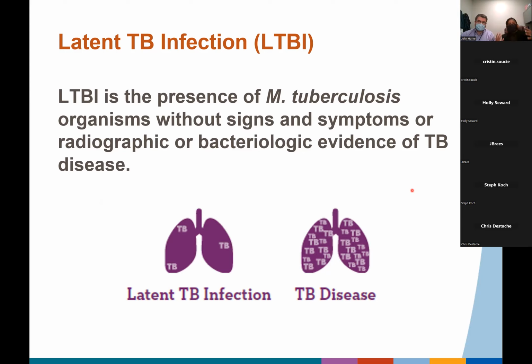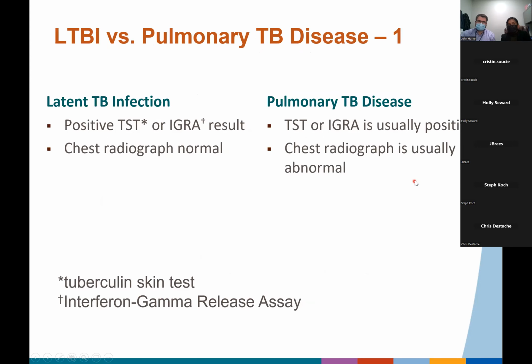But with active TB, you just have TB overwhelmingly everywhere, and you see it in the sputum and everywhere else. So what is latent TB versus pulmonary TB? Latent TB is positive for those serum tests, and their chest imaging will be normal, so there's nothing on their chest.